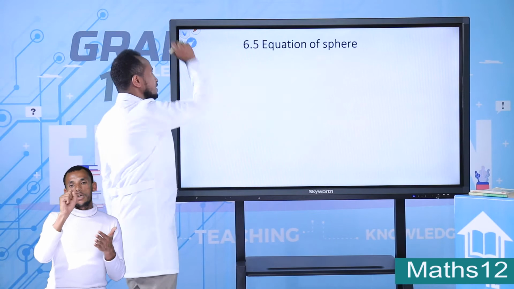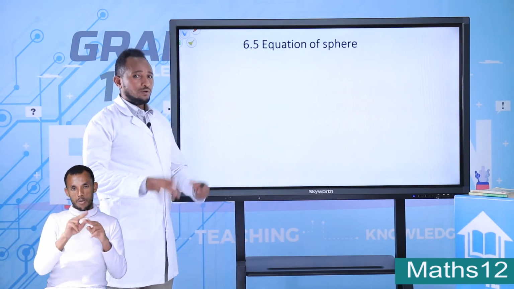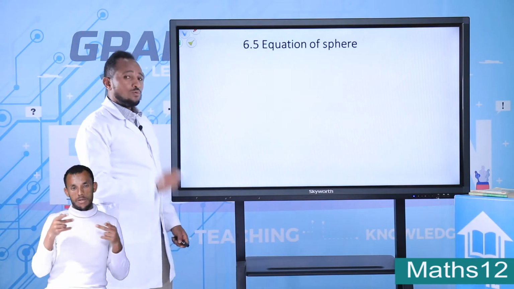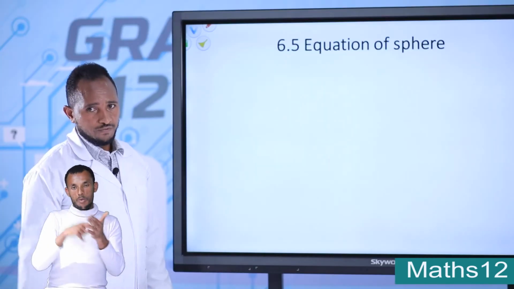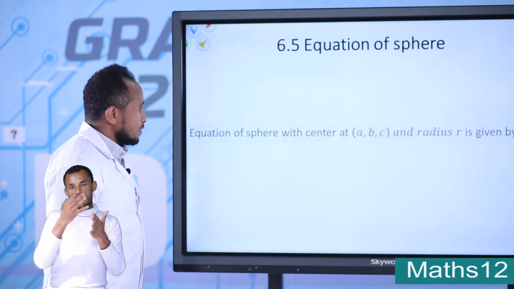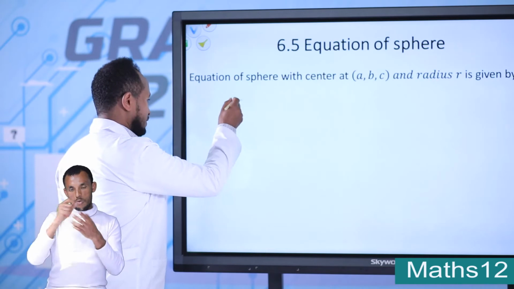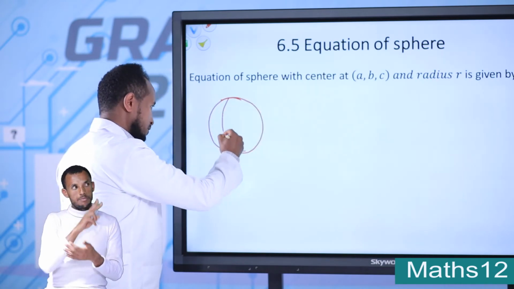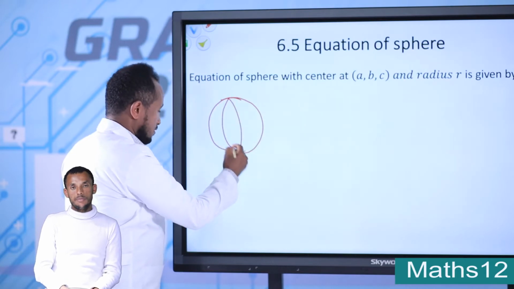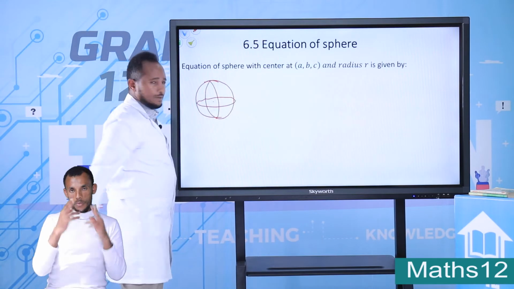A sphere is a set of points in space, not on a plane, that are at equal distance from a fixed point called the center of the sphere. So now let's try to write the equation. Assume this is the sphere.